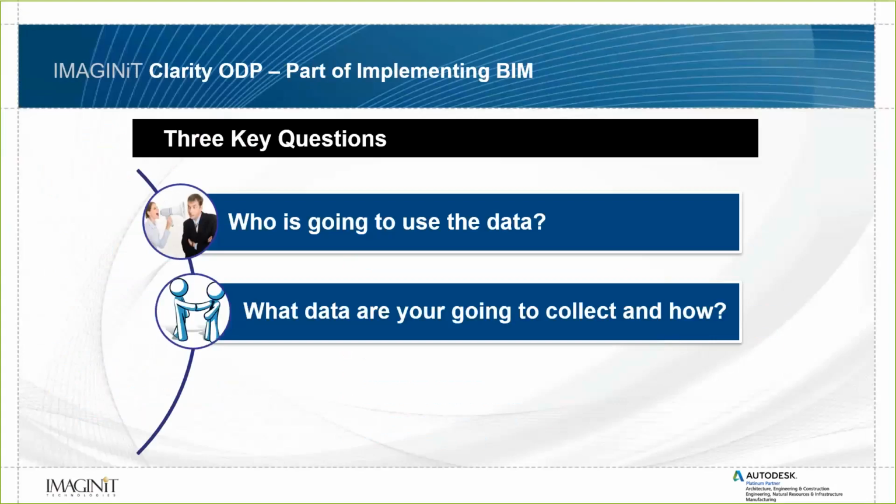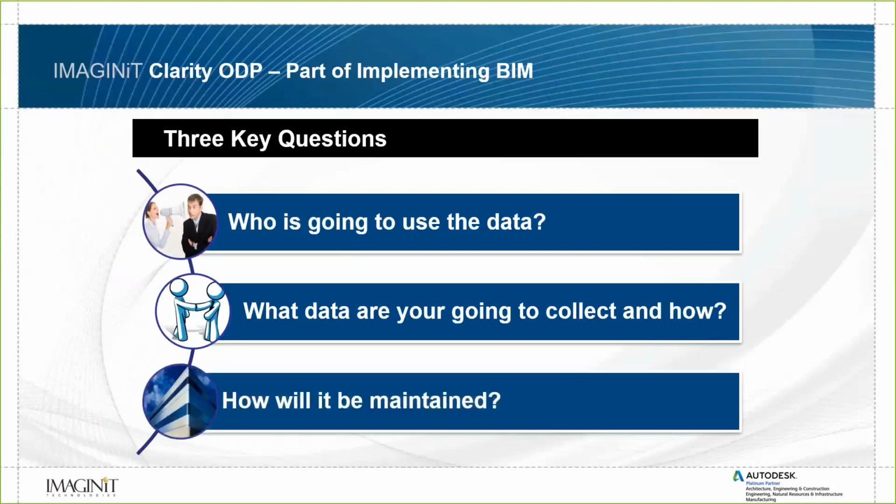Are you going to have an army of people or an army of one go into the Revit files and start manipulating the data directly? Are you going to require that any of your service providers fill in the appropriate information as it's coming in? Who's responsible for it? How is it going to be collected? If it's existing data, how are you going to send people out to the field to collect the data and bring it back? Once you have that data, who's going to maintain it?